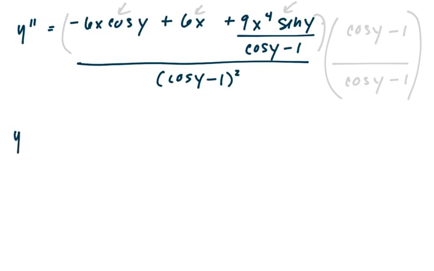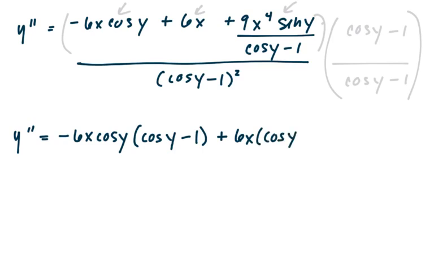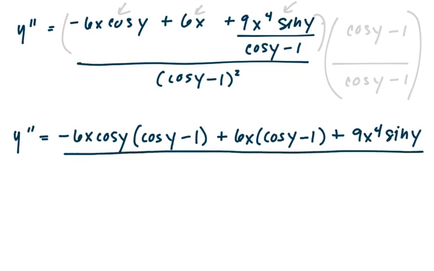So I've got y double prime equals negative 6x cosine y times cosine y minus 1 plus 6x times cosine y minus 1 plus 9x to the 4th sine y. And then all of that, since I had 2 of them in the bottom and I've multiplied by a third one, I now have cosine y minus 1 cubed.